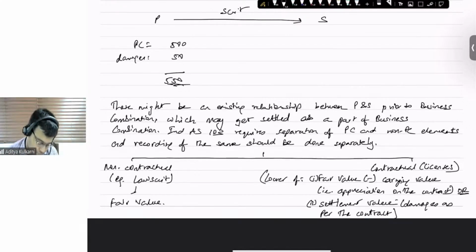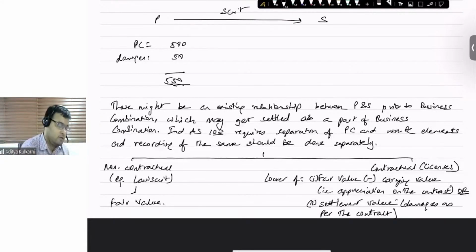In case it is a contractual relationship, you will record it at the lower of fair value less carrying value or settlement value, which is damages as per the contract.